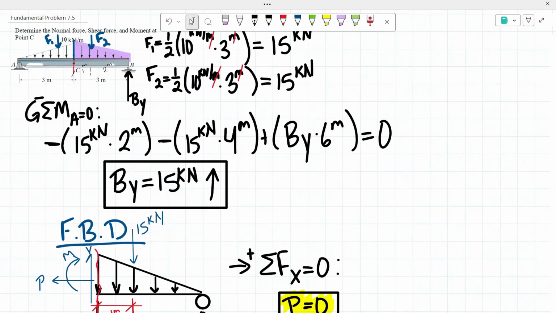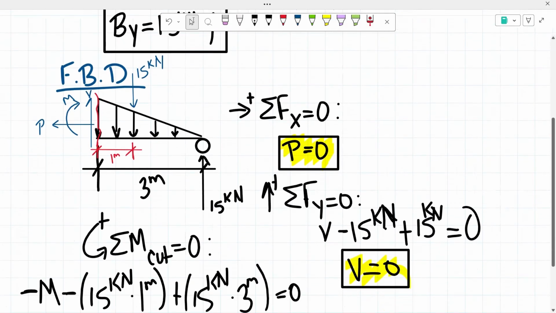From there, we found our concentrated forces. And then with finding our concentrated forces, we proceeded to finding our reaction at B sub y. From there, we drew a free body diagram of the side of the beam that we were going to be working with. And then we added our shear force, normal force, and moment based on our sign convention.